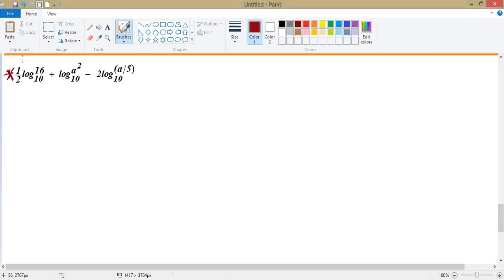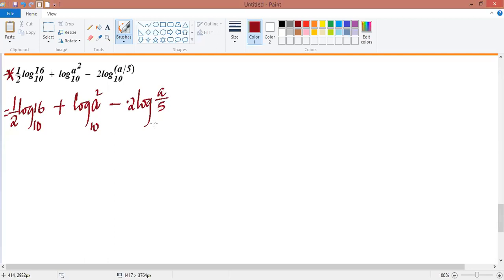So we have a half, the log of 16 to base 10 plus the log of a squared to the base 10 minus 2 the log of a over 5 base 10. Now there is an unknown value that is a, which we don't know.